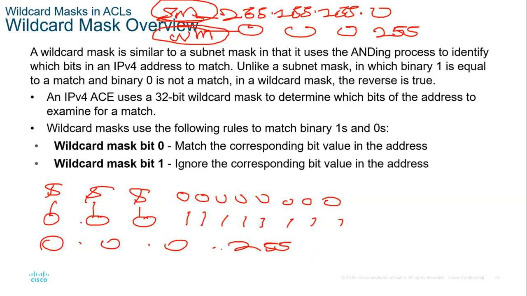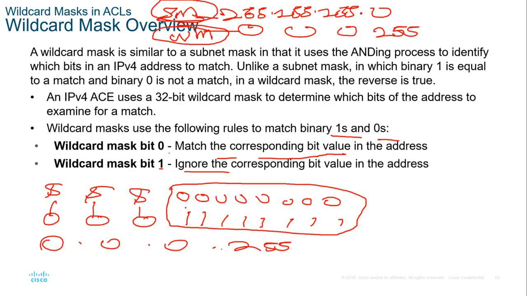So the wildcard mask uses the following rule to match binaries, ones and zeros. Wildcard mask bit 0 matches the corresponding bit value. Where we have 1, it ignores. So where we have ones, it means this is the portion that is going to keep on changing. And where we have the zeros, it matches the corresponding bit value, meaning it is going to remain constant.